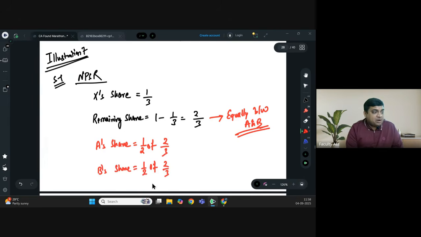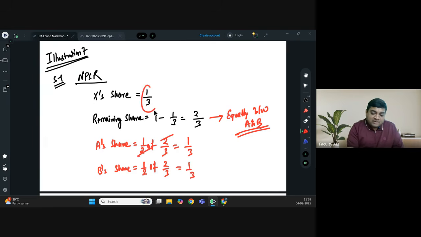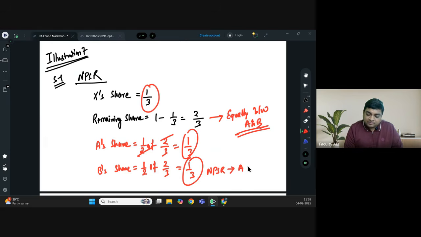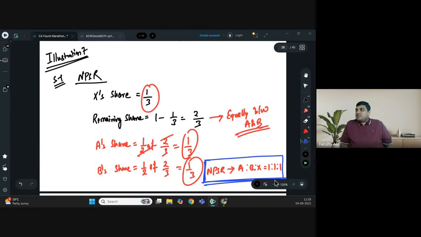Between them, equal. So now everyone is 1 by 3, 1 by 3, 1 by 3. So NPSR, A is to B is to X, 1 is to 1 is to 1. This is the first step we have to do.